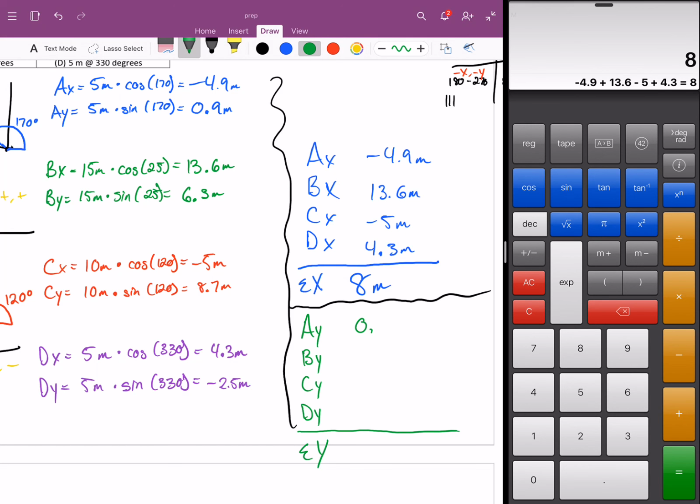We have 0.9 meters, 6.3 meters, 8.7 meters, and negative 2.5 meters. Add them all together: 0.9, 6.3, 8.7, and then 2.5 negative, gives 13.4 meters.